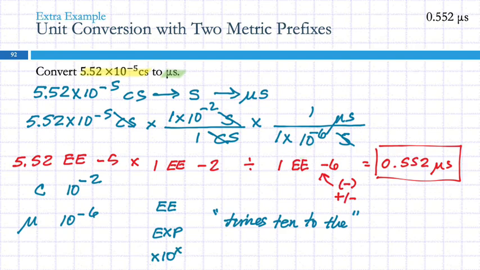I'm just adding and subtracting exponents. Sure, go for it, but don't confuse the rest of us. So if you did not get your calculator to say 0.552, then call me over later and I will have a word with it. Because it's always the calculator's fault. It's not your fault. Any questions about that one?